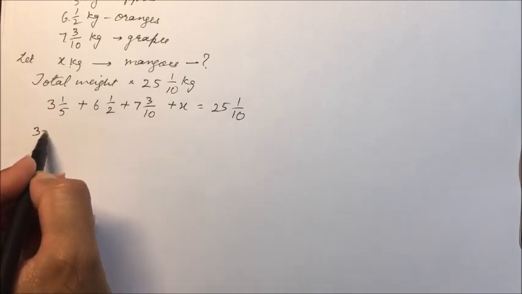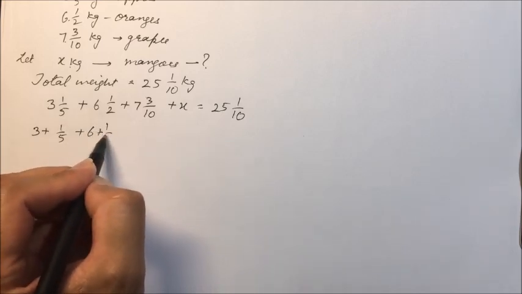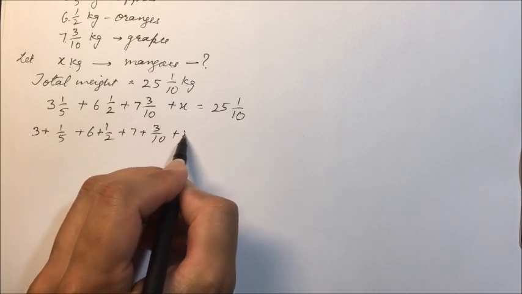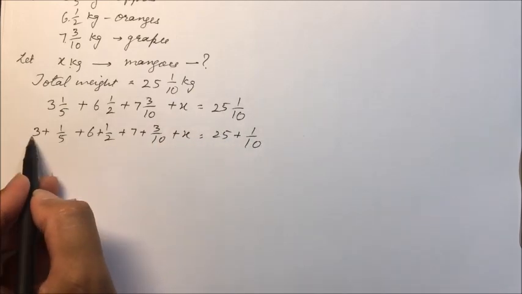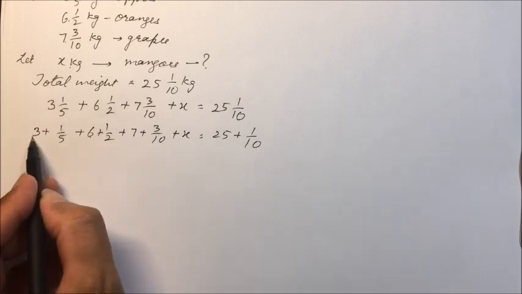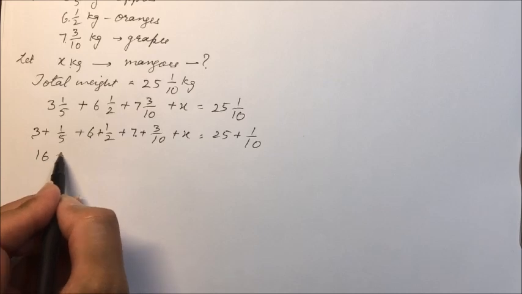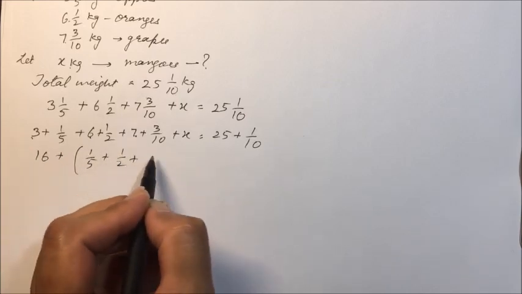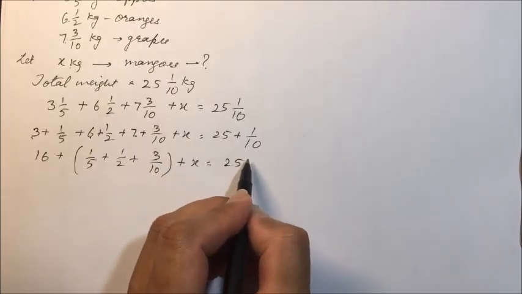So 3 plus 1 upon 5 plus 6 plus 1 upon 2 plus 7 plus 3 upon 10 plus x equal to 25 plus 1 upon 10. So 3 plus 6 plus 7. 3 plus 6, 9. 9 plus 7, 16. 16 plus 1 upon 5 plus 1 upon 2 plus 3 upon 10 plus x equal to 25 plus 1 upon 10.